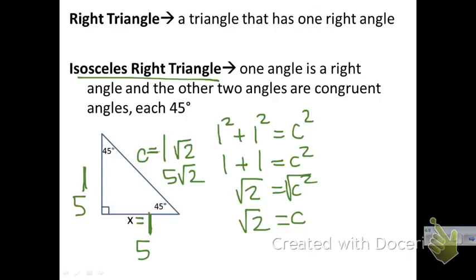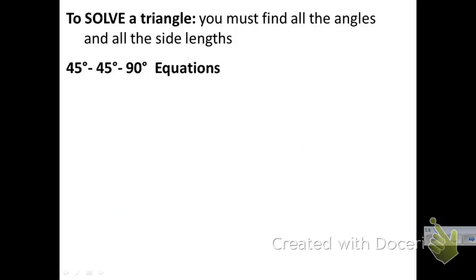And then I said, what if this side was 15? Then the side over here would be 15, and the hypotenuse would be 15 root 2. And so we said we can start generalizing some ideas with an isosceles right triangle.